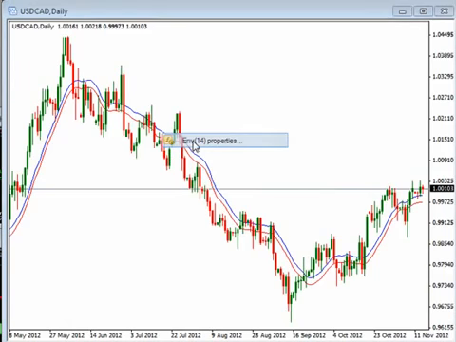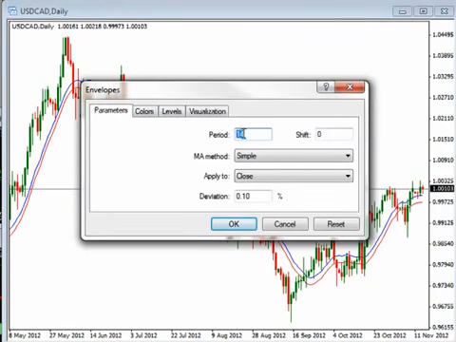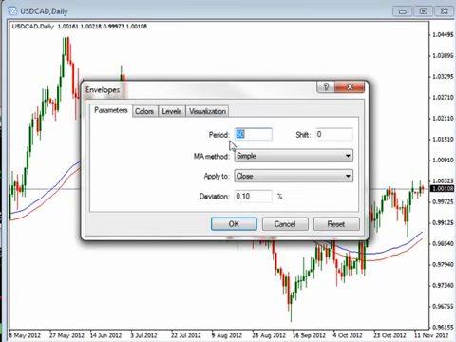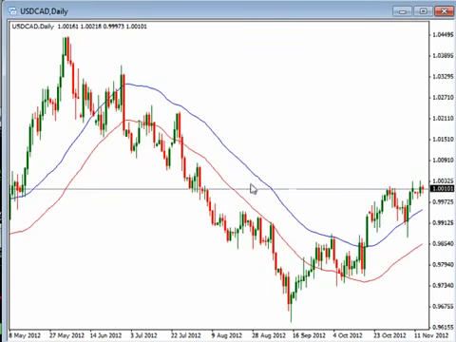I'm just going to put up here, we'll do a 50 period envelope, and actually let's go to a 40 period and spread out the deviation a little bit, and you can see how this can give us an idea of the direction that things are going. If the channel's moving down, we're trending down. If it's moving up, we're trending up. Again, just another tool that can help us with identification of the direction that things are going in.